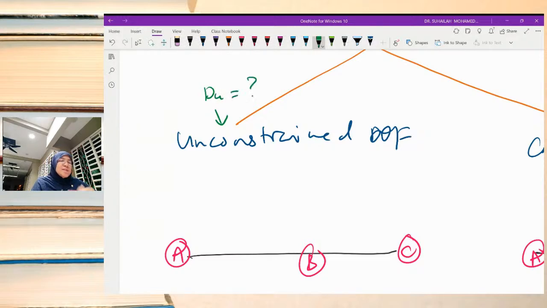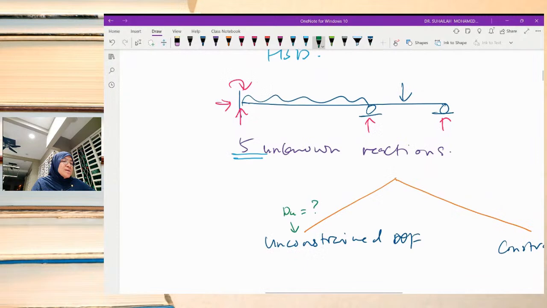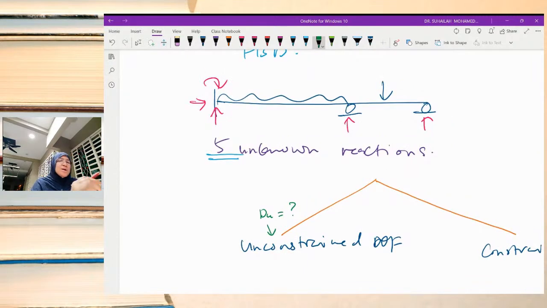So this is the unknown displacement, this is the unknown reaction.